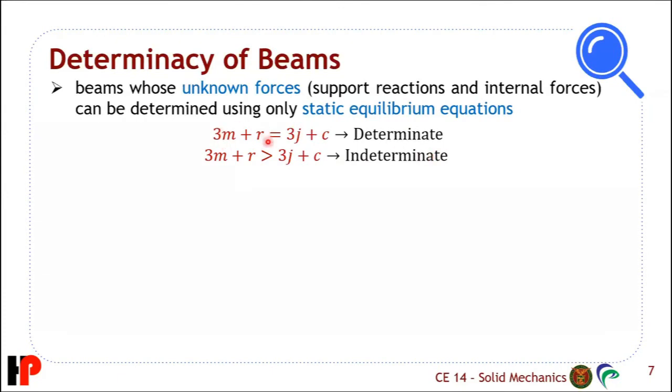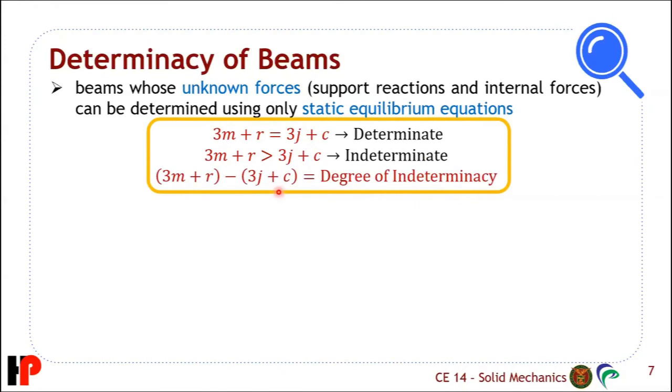Get 3M plus R, get 3J plus C, then compare. Now, the difference between the two is called the degree of indeterminacy. So, doon yung malalaman kung gaano kataas yung degree of indeterminacy. As we used in previous discussions, the degree of indeterminacy is useful in knowing how many extra compatibility equations you would be needing. So, kaya yun yung gamit niya.